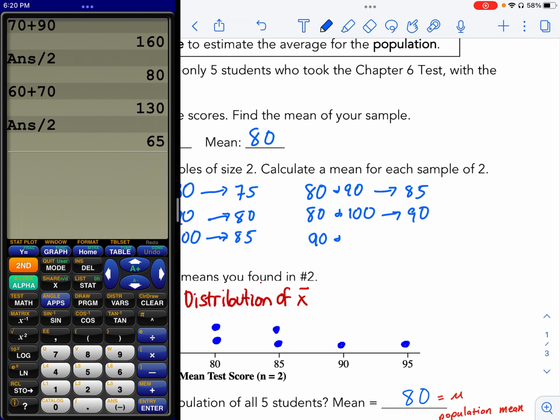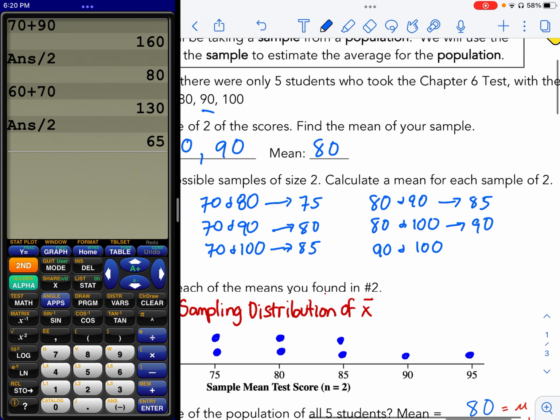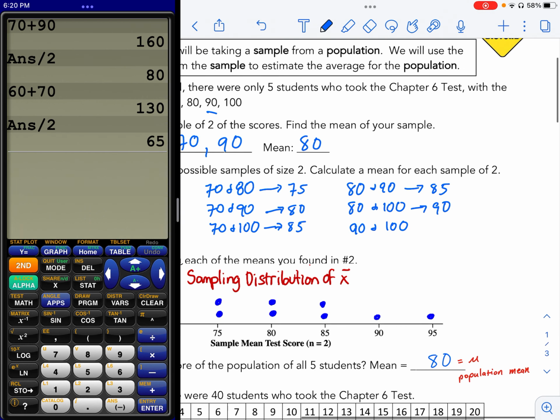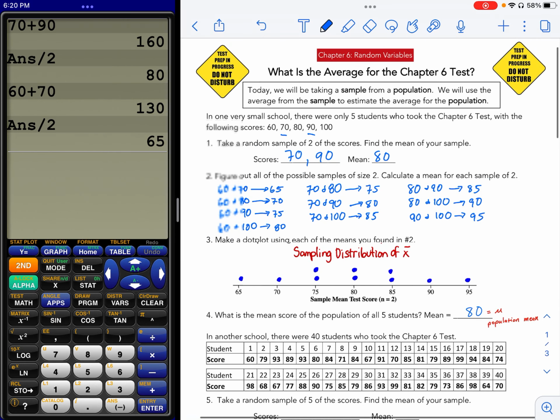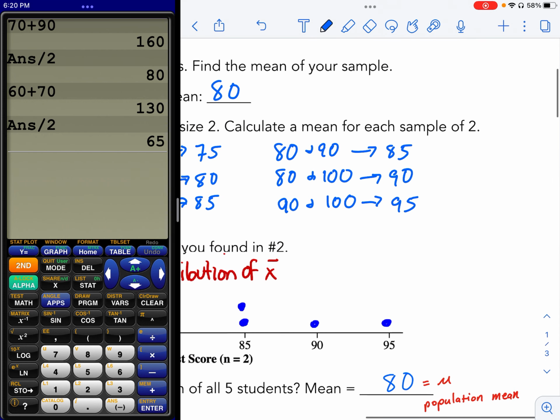And then the last one is 90 and 100, the last possible sample of 2. And that would give you an average of 95. So these are all the samples. How many is that? 1, 2, 3, 4, 5, 6, 7, 8, 9, 10. There are 10 samples of size 2.